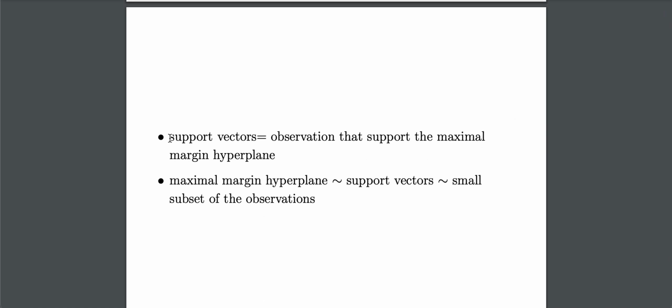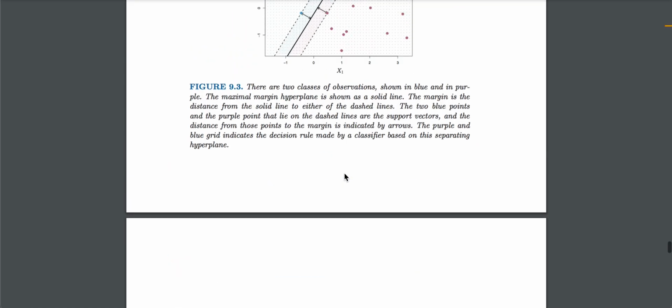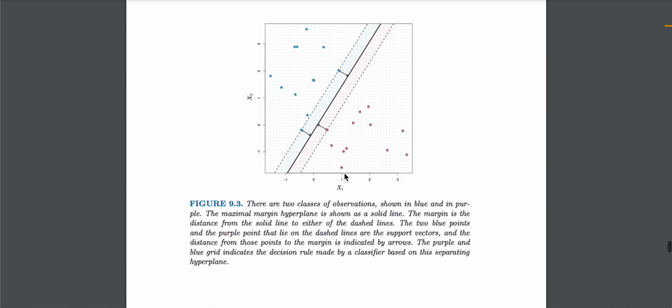So support vectors are observations that support the maximal margin hyperplane. What does it mean to support the maximal margin hyperplane?